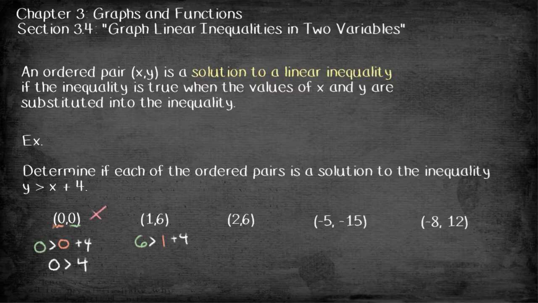We plug in the point (1, 6), and we're checking if 6 is greater than 1 plus 4. 6 is greater than 5, go figure. And when we get to the point (2, 6), we see that it's not a solution because 6 is not greater than 6, it's equal to 6.